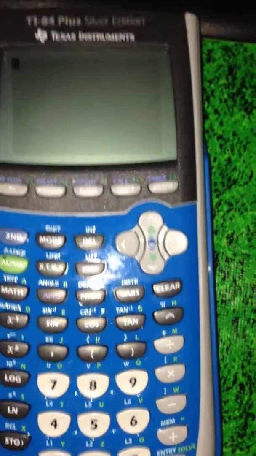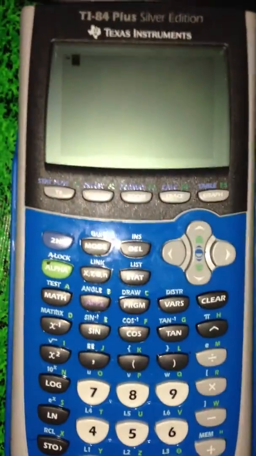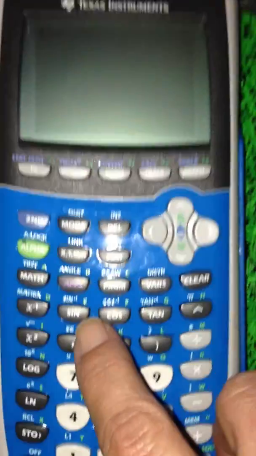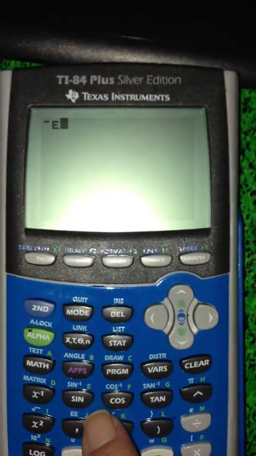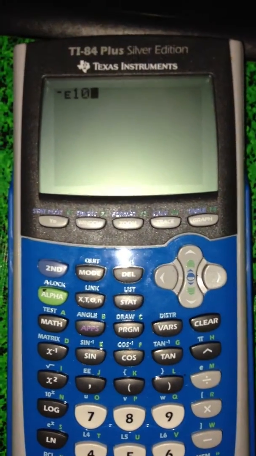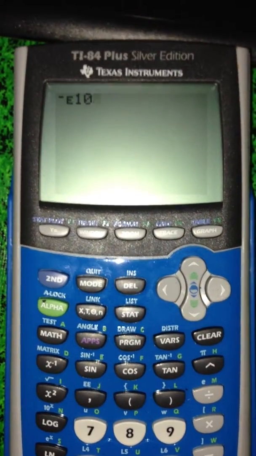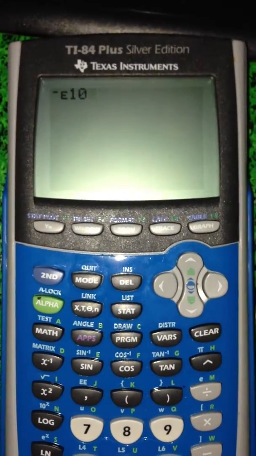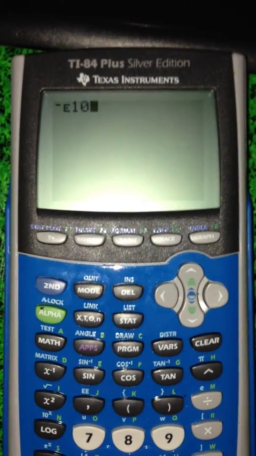So if I want to do negative infinity, I'm going to grab my negative, and then second function, and then the comma, and you see right up there now I have negative e, and then I'm going to put in to the 10th power. That's really negative 1 times 10 to the 10th, which is a really tiny number. And that's how I'm going to represent negative infinity.